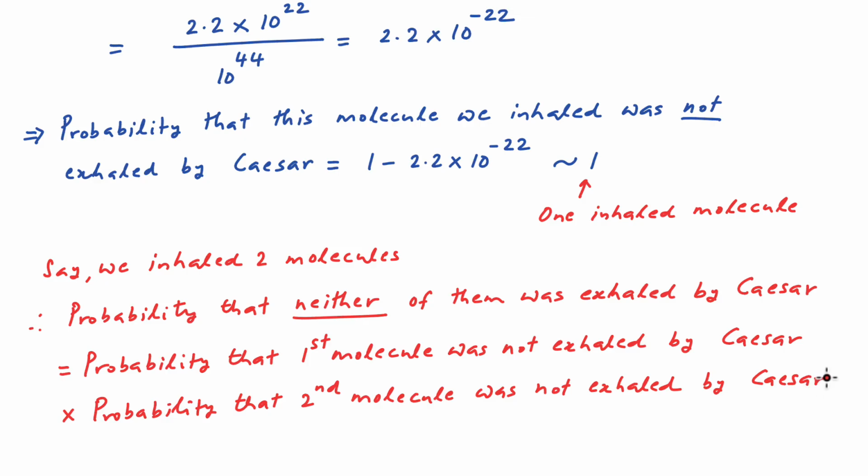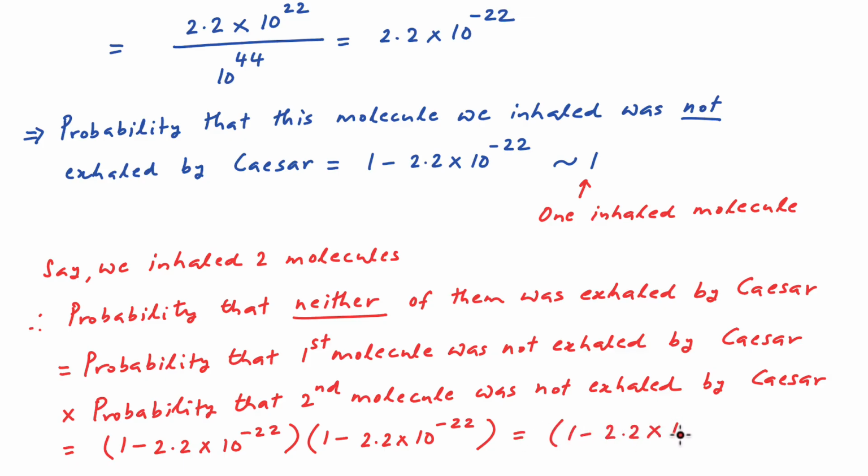This is equal to 1 minus 2.2 into 10 raised to the power minus 22 multiplied by 1 minus 2.2 into 10 raised to the power minus 22 again. And this is equal to 1 minus 2.2 into 10 raised to the power minus 22 whole raised to the power 2.